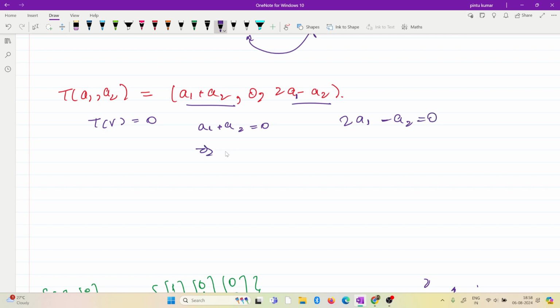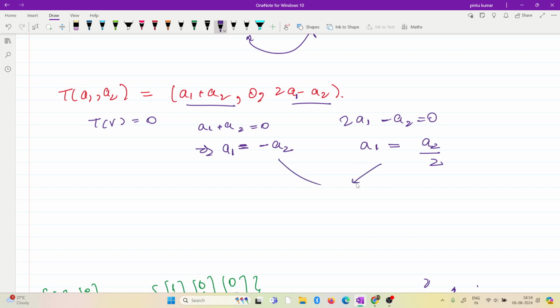This would imply that A1 is equal to minus A2, and then this would imply that A1 is equal to A2 by 2.